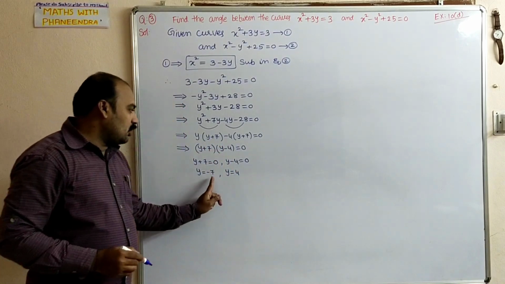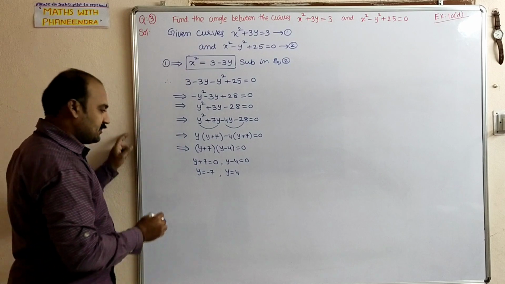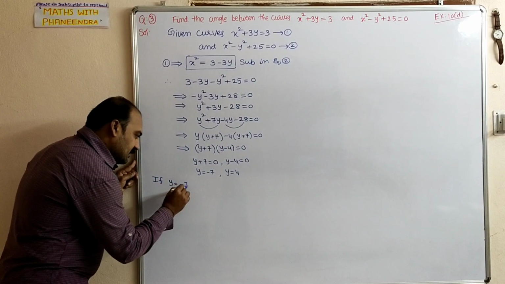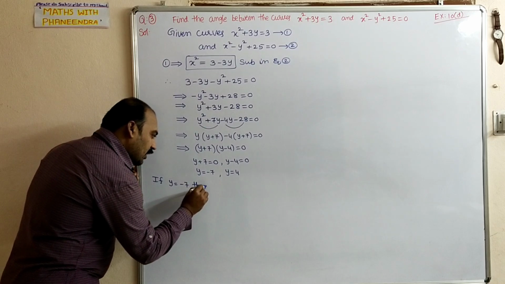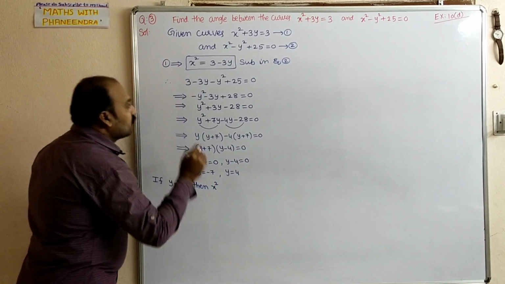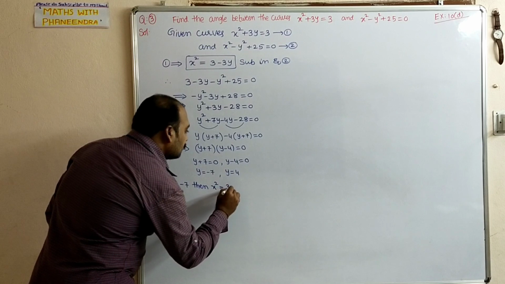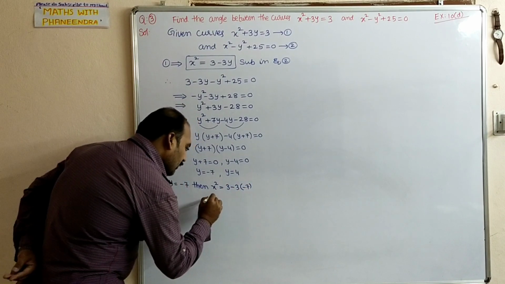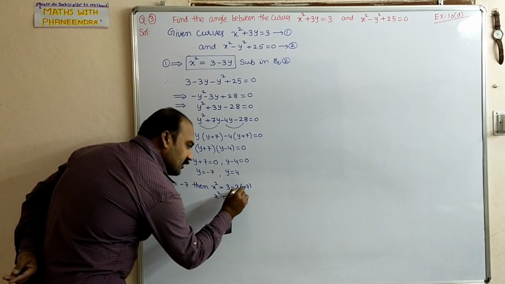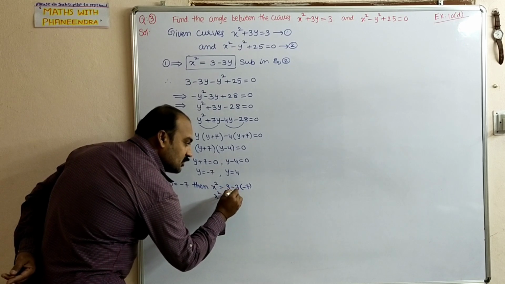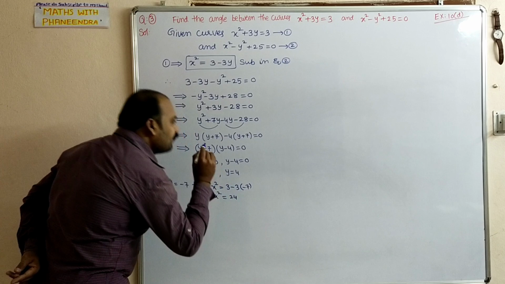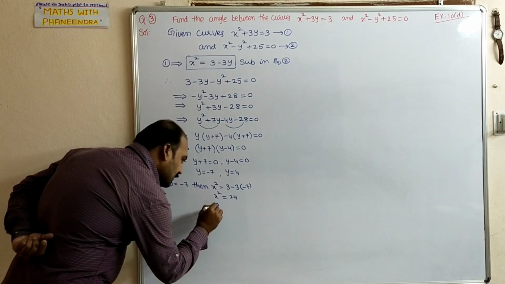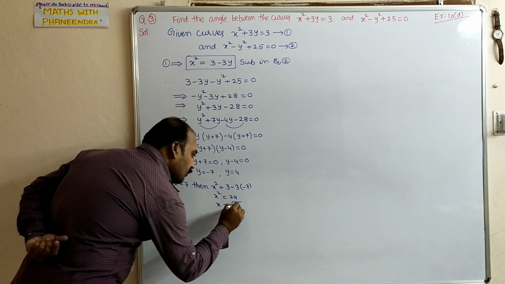If y is equal to minus 7, what is the value of x square? If y is equal to minus 7, then x square equal to 3 minus 3 into minus 7. So x square equal to minus into minus plus 7, 3 is 21 plus 3, 24. So x is equal to square root of 24.